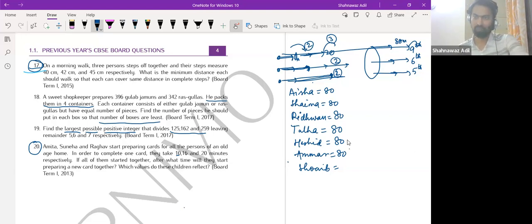I lost my marks because of silly mistakes. Yeah, so that is what we are working on up until the next exam. Same case for Shaima, Rizwan, Ashish, all of these guys. You will have to work upon the small mistakes, right? Calculation. Good. Yes, Shoaib, what did you get?